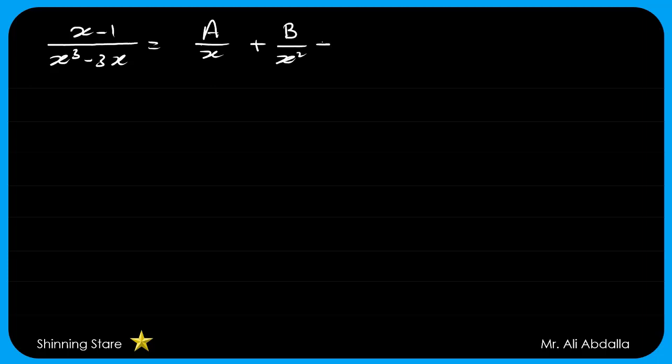Now we have x minus 1 over x to the power 3 minus 3x equals a over x plus b over x to the power 2 plus c over x minus 3, and we have a equal negative 2 over 9, b equal 1/3 and c equal 2 over 9.